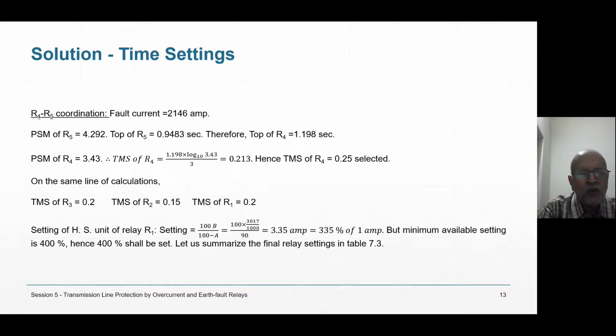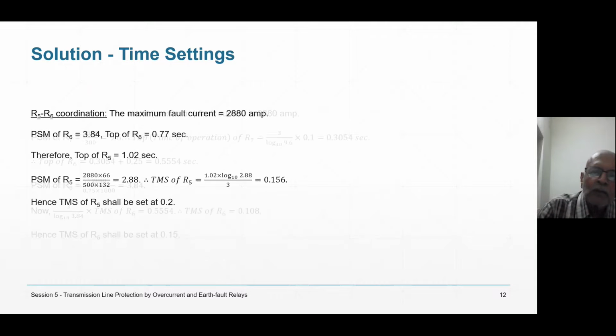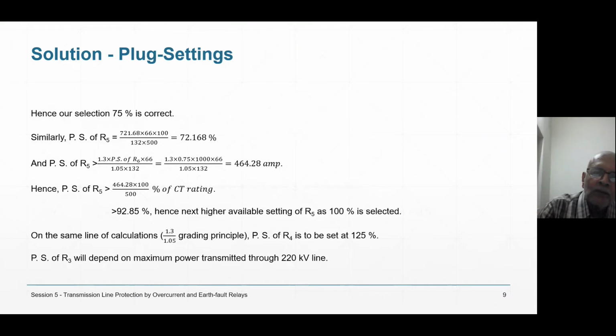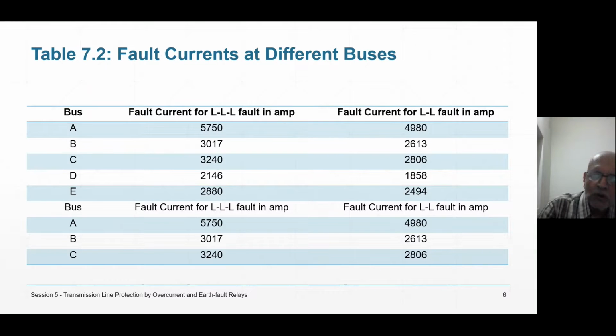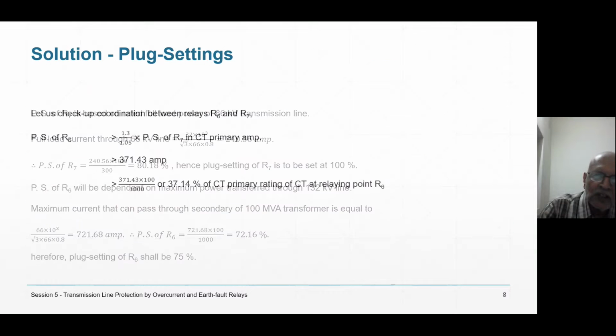Setting of the high set unit of relay R1 is 100 B over 100 minus A. What is B? B is the maximum current at point B, 3017.